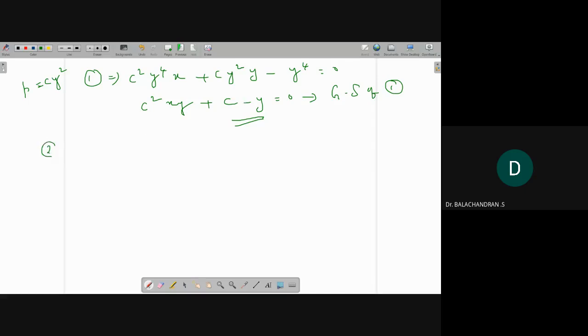Already I gave the first problem. p cube is 2x yp plus 4y square equal to 0. Now here the singular solution is 2x cube equal to 27y.